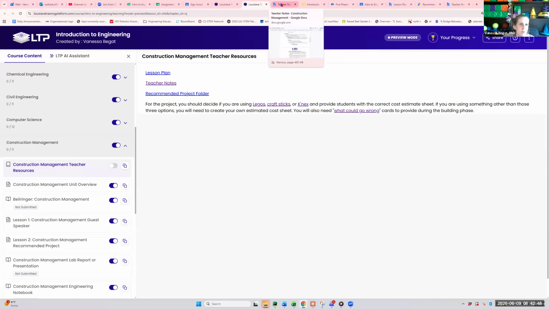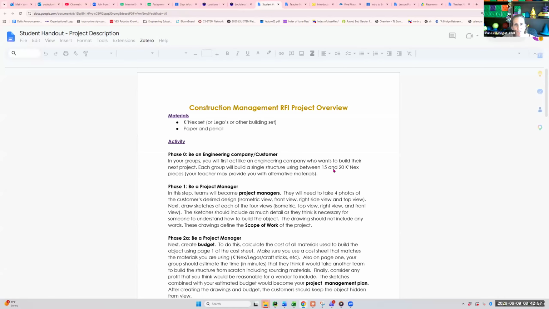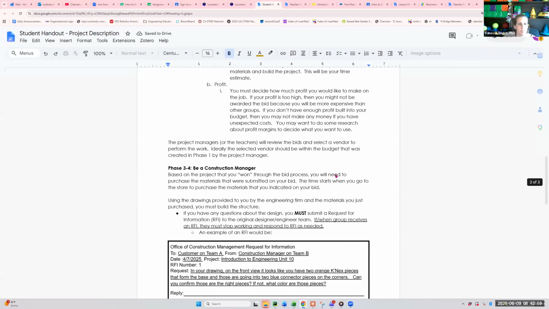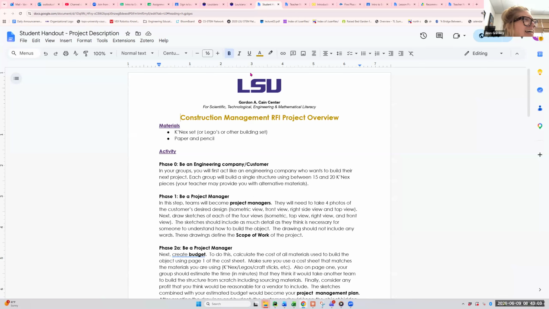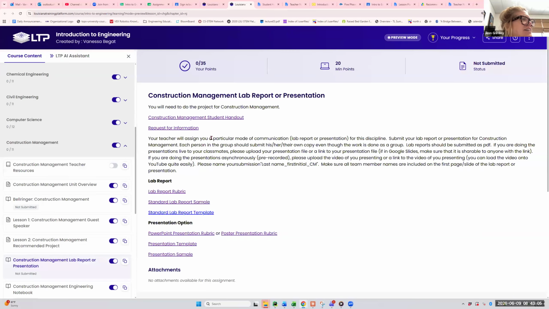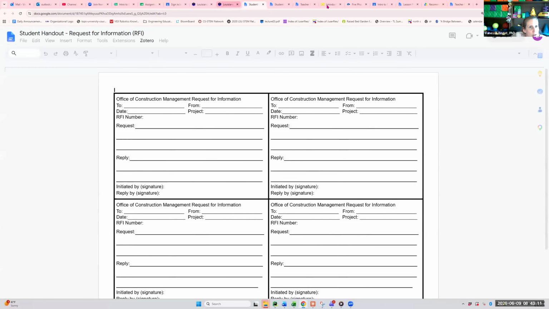It would be linked in the teacher notes. I think the bid sheets are in the student handout. Are they not? No, I couldn't find the bid sheet, the cost sheet, or any of that. That's weird.